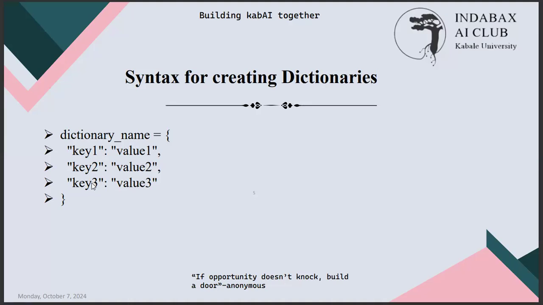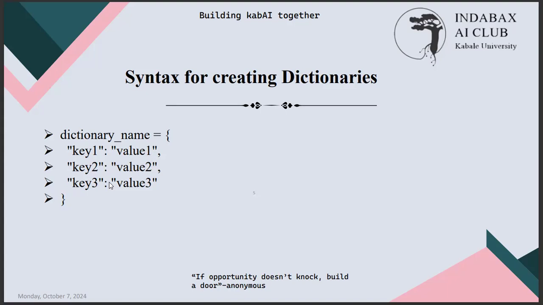Then the third key with its value together form the third element, and so on and so forth. So this dictionary here has 3 elements. The elements are separated by a comma. You can see here, after the first element we have a comma, then we put the second element, then a comma, and so on and so forth.